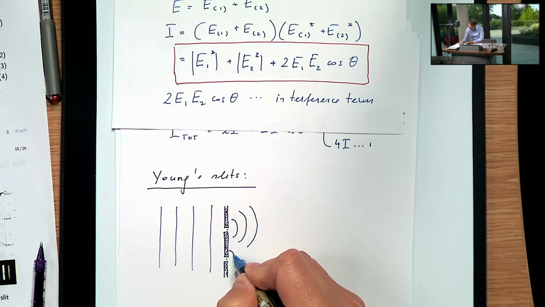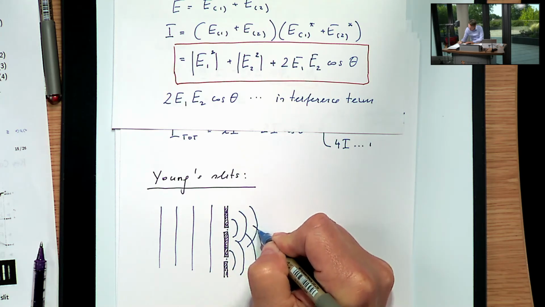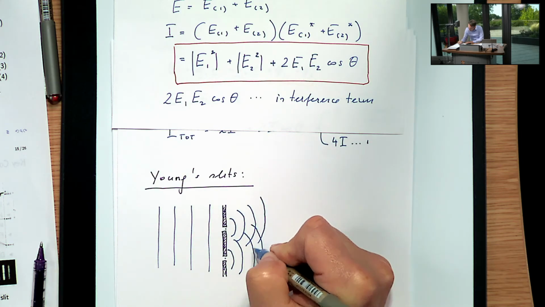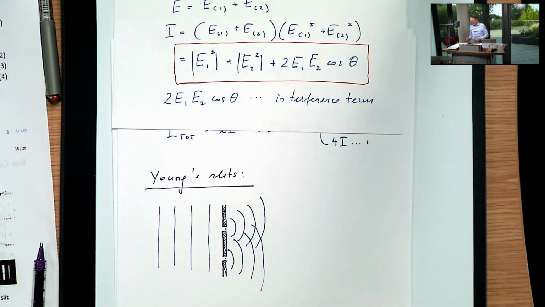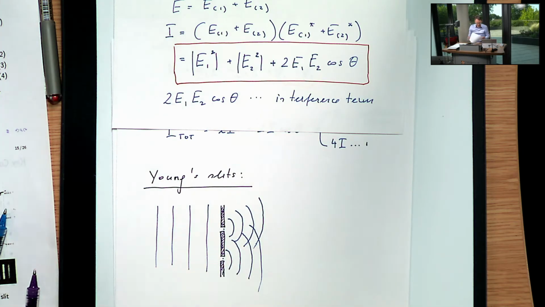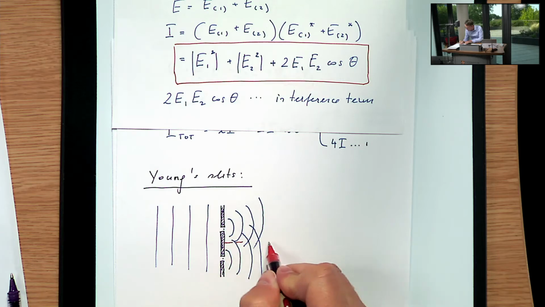This one will be a point source emitting this spherical wave. Let's just try to draw one more. It's hard to draw these things, of course. Something like that.